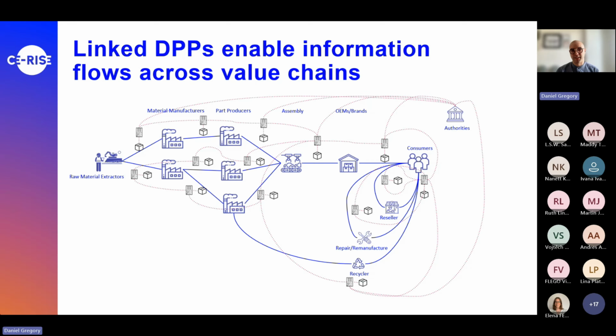And that supply chain can be as arbitrarily large and complex as you want. But if you are passing the digital product passport from one step in the chain to the next step in the chain, as long as you're doing that in an organized manner, which is what all of these different regulations are trying to set up, then you can scale it indefinitely across all of these different things.